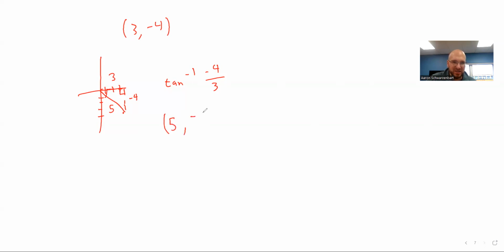So I can call it this. I'm doing degrees. You could also do radians. Or I can add 360 to that and have the positive angle. Okay. Not sure why I kept an extra decimal there.